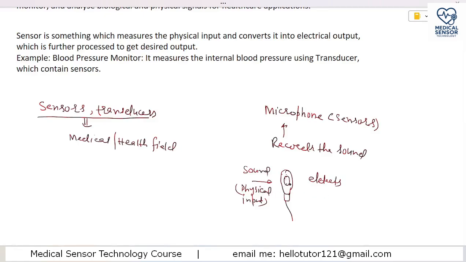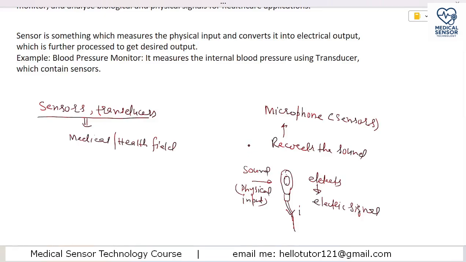The microphone records it, which means it converts it into an electric signal. The wire connected to the microphone carries this electric signal to the computer, or whatever you have connected it to.